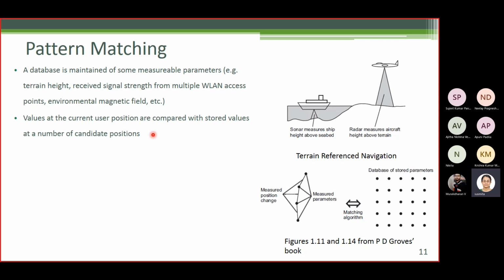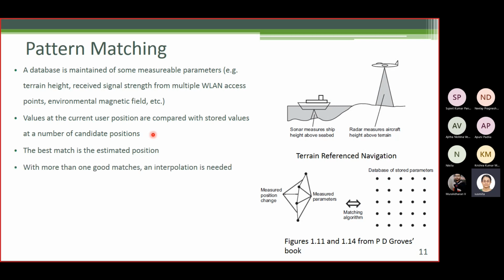But if we get some prior information about the user position from some other navigation system, then of course we can limit the search of the database. Then we search a number of candidate points and see which position gives the best match, and that best match is taken as the estimated user position.